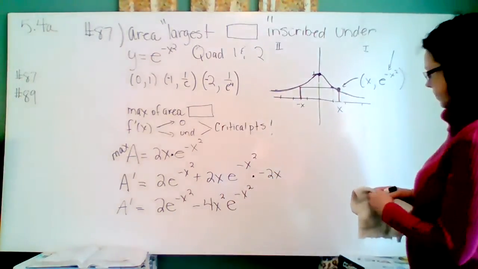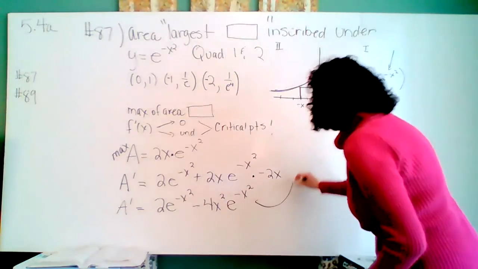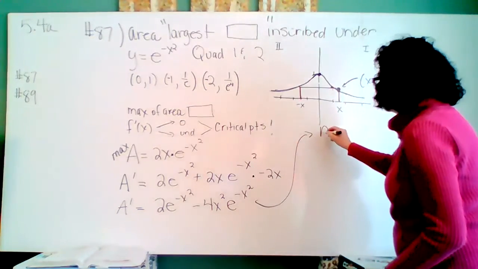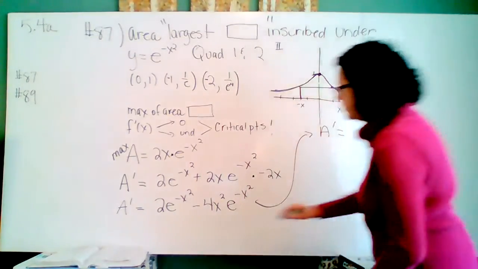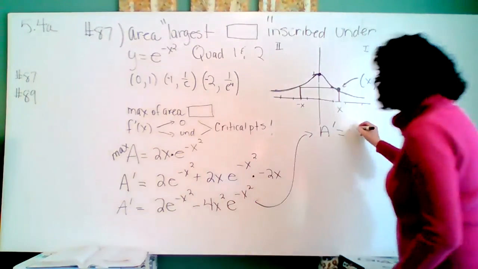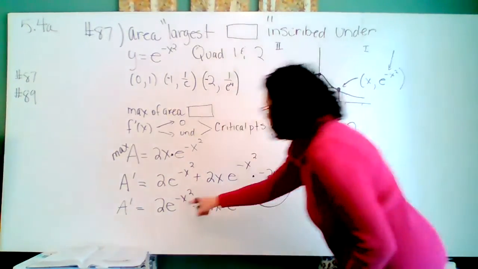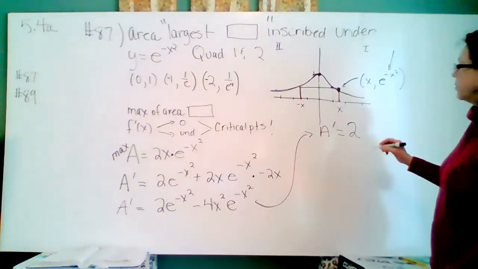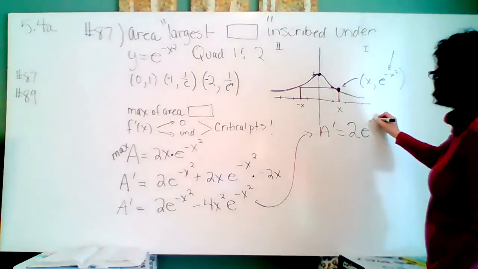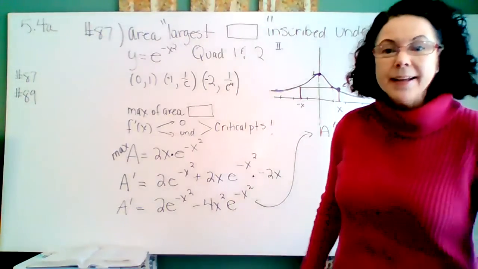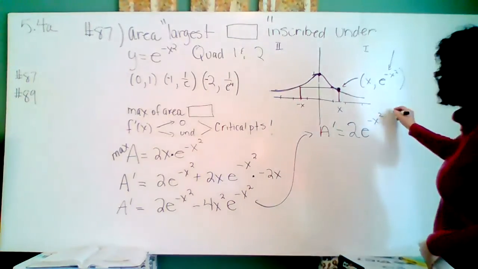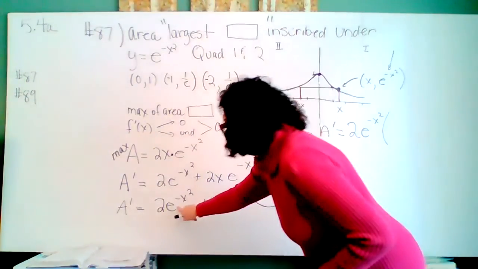There we go. Okay, now I'm going to come on up. And the derivative is, I'm going to pull out the greatest common factor. I see a greatest common factor of 2 and e to the negative x squared. Of course, that will always happen because when you take the derivative of e to the anything, you get it back. So it ends up being a greatest common factor. Now that leaves here a 1.